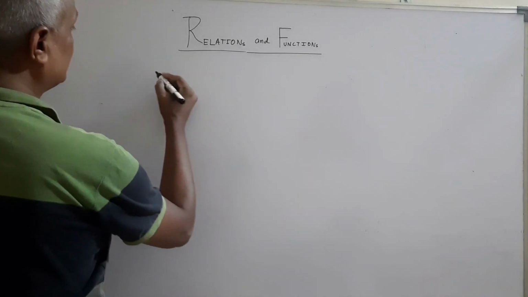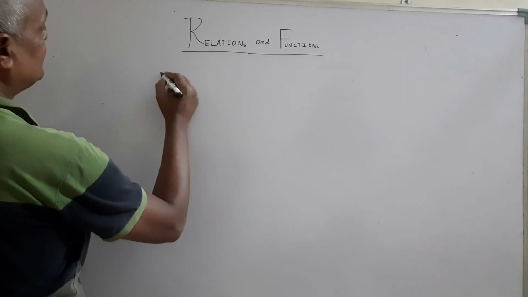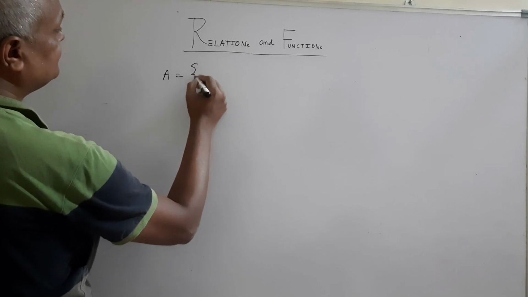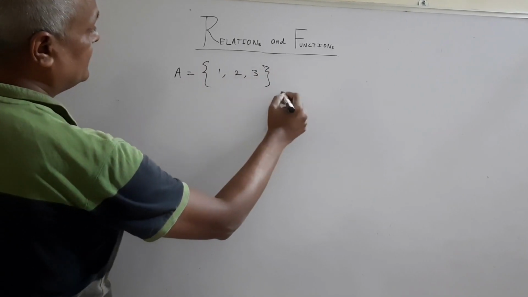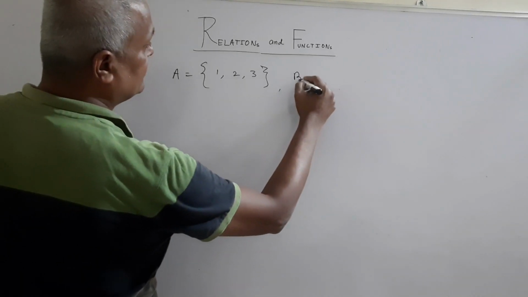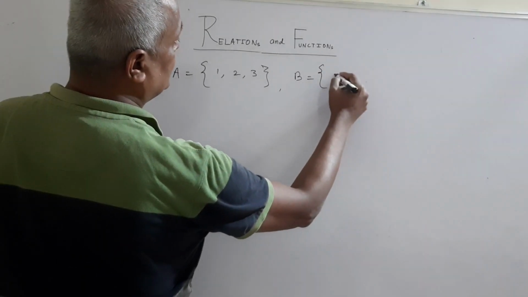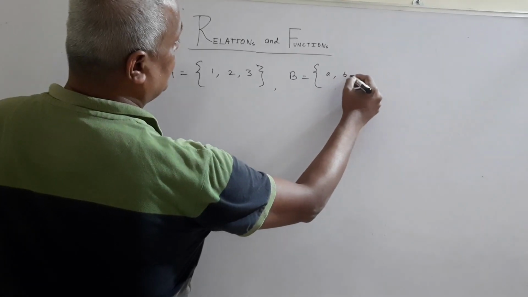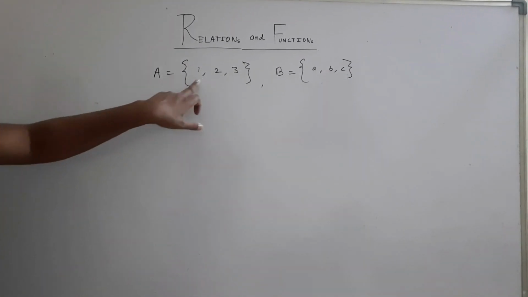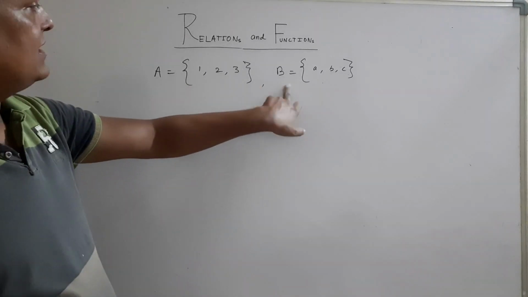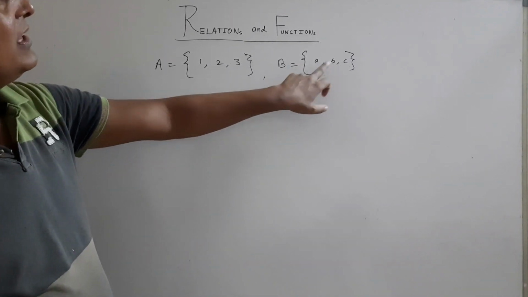What is the Cartesian product? Suppose you have a set A with the elements 1, 2, 3, and another set B with the elements a, b, c. So set A has 3 elements, and set B has 3 elements a, b, c.